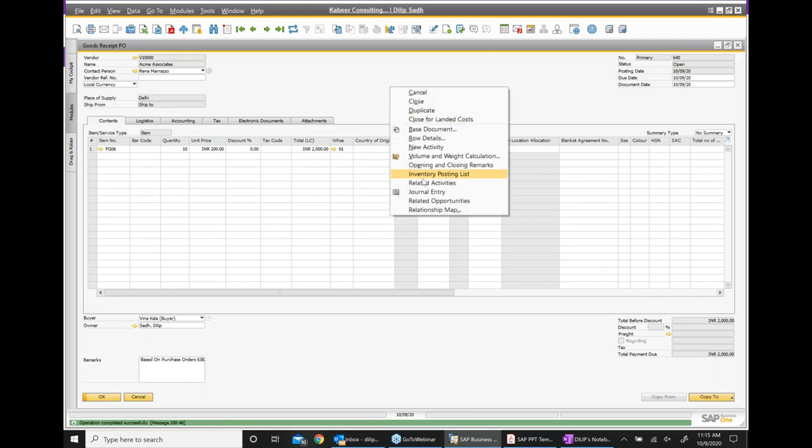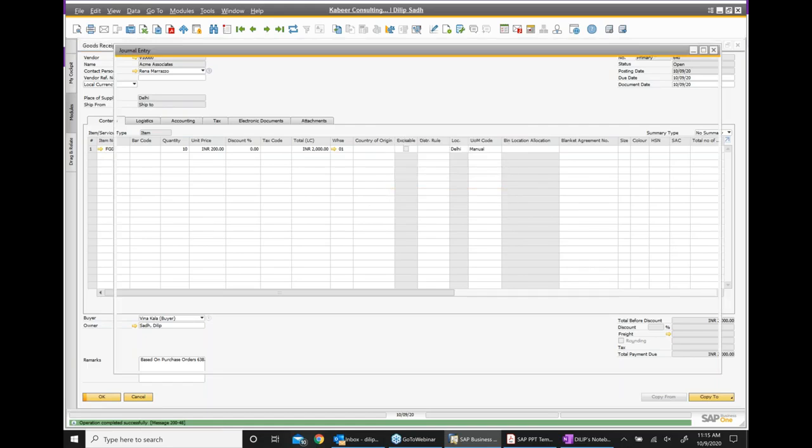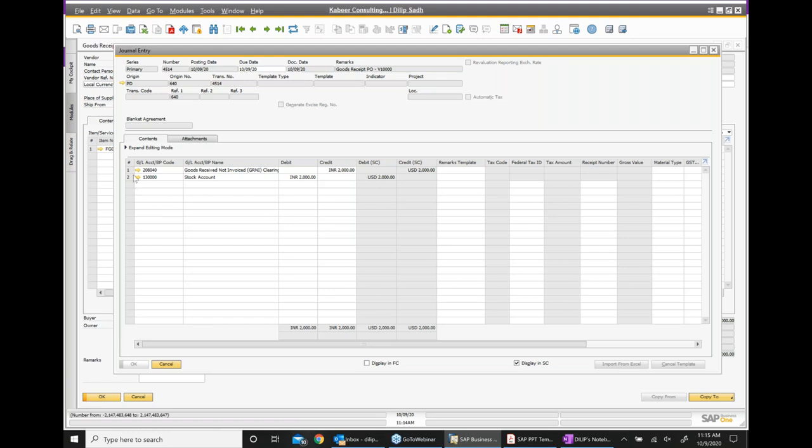After that, I want to check my journal entry. Now, what is the value? What do you guys see? What is the stock value in front of you?